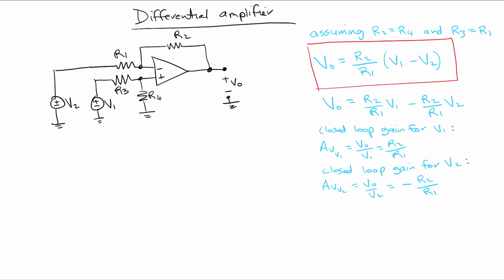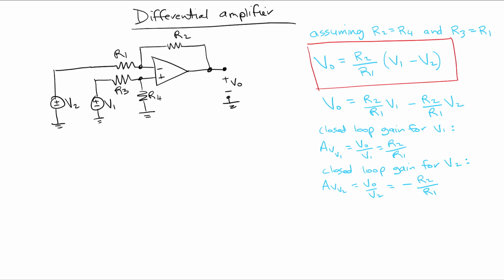So then, what about the closed loop gain? If we simplify the equation, we're multiplying R2 over R1 through the equation, and then we'll calculate the closed loop gain for each of the input signals.